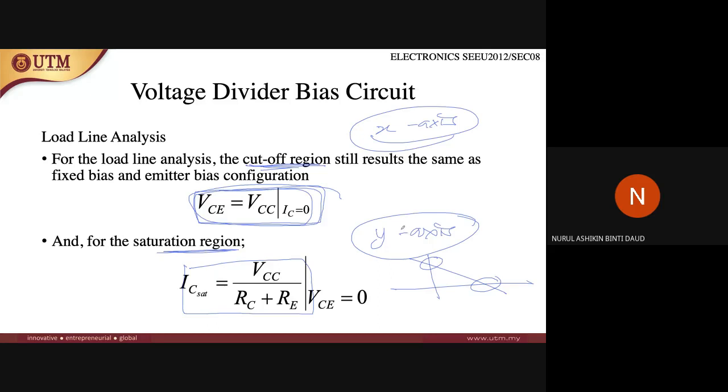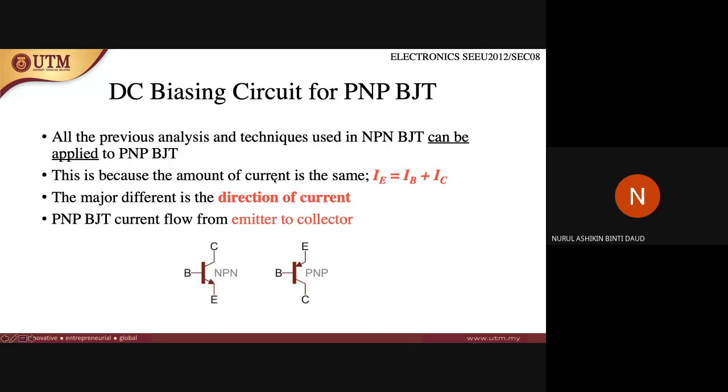Next, for today we can finish earlier because after this I have training. For DC bias circuits, all this while the BJT transistors that we are using in the circuit are the NPN type, where the current comes out through the emitter.